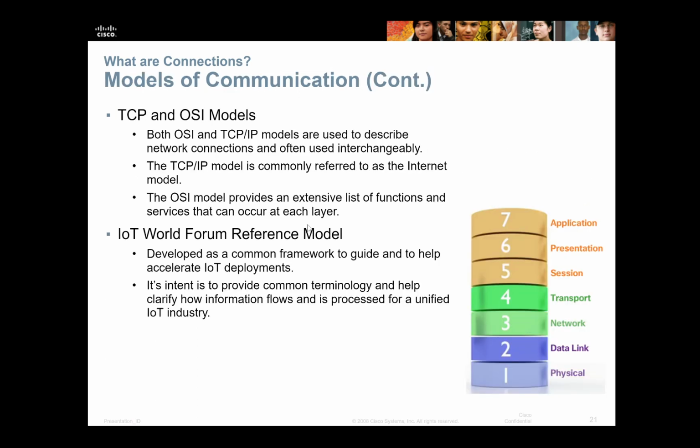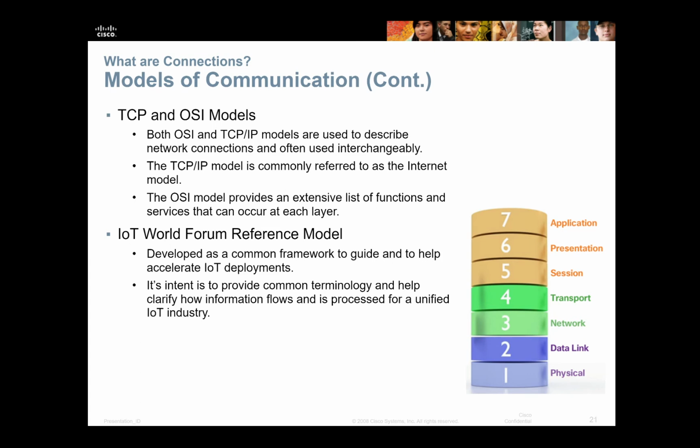Okay, models, more models. So TCP/IP and OSI model, both actually. I'm not sure if this is giving you enough information. You have heard of the OSI model or the TCP/IP model.